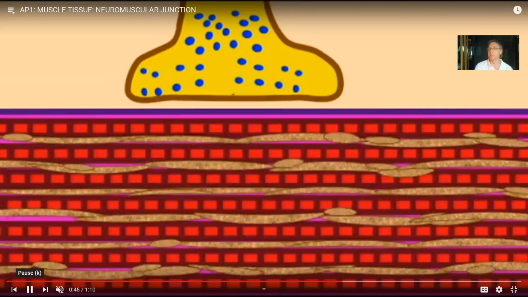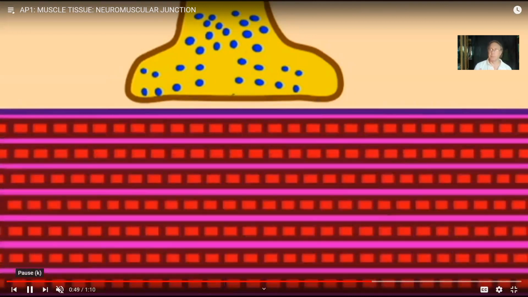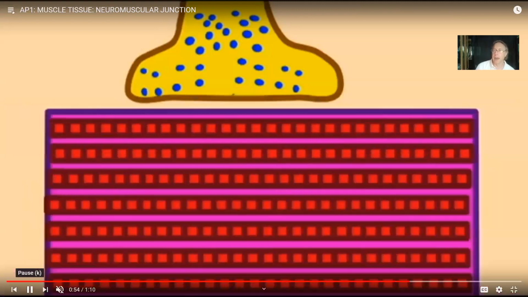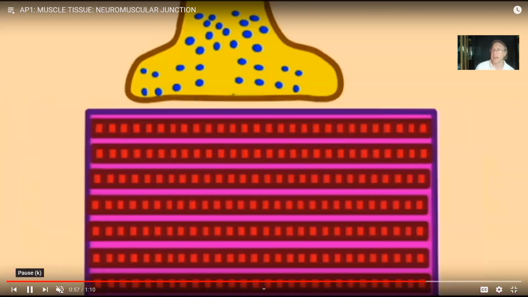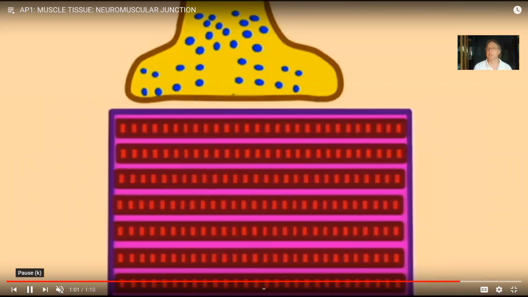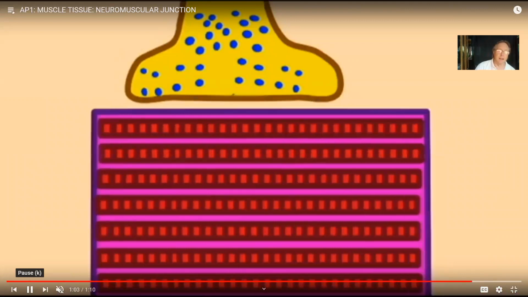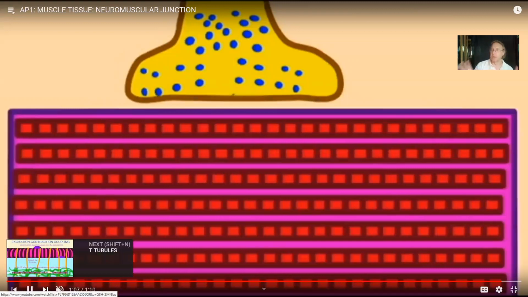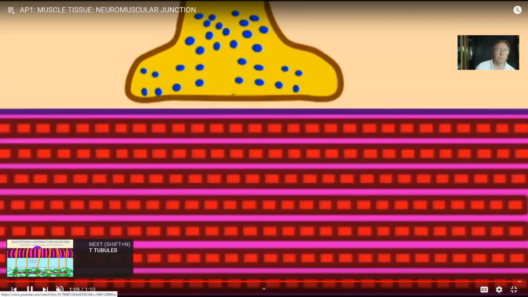And as we know from the first half of the video, the calcium binds to troponin, moves tropomyosin out of the way, and now the myosin heads can pull on actin. And this then causes the contraction of the sarcomeres, which results in the contraction of the entire muscle cell.